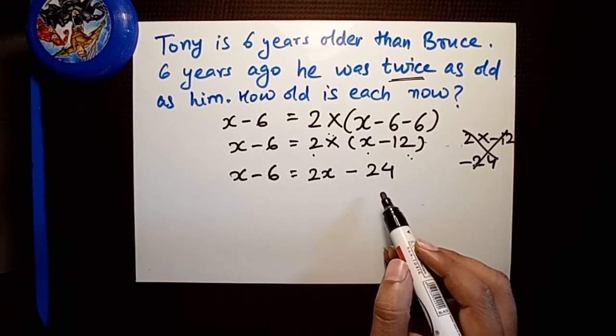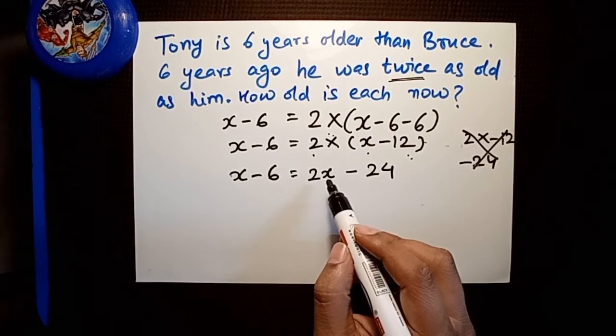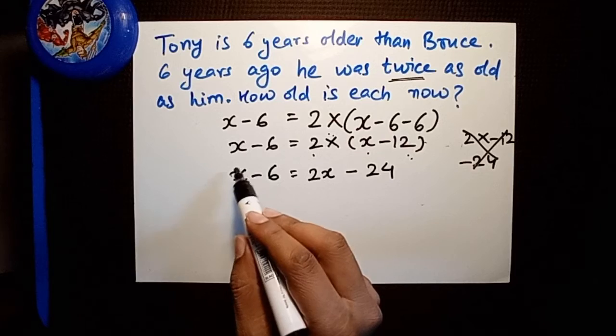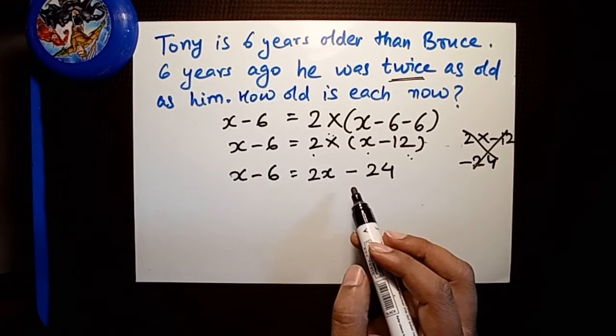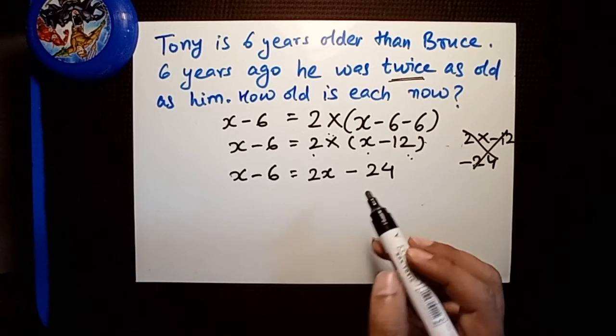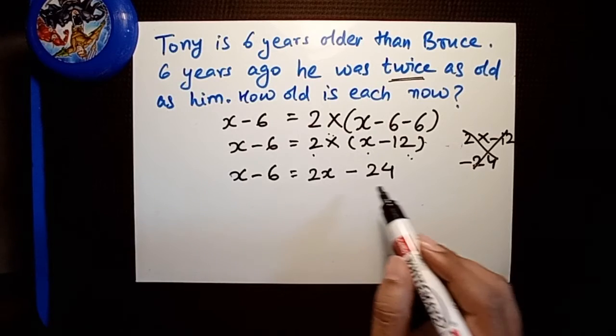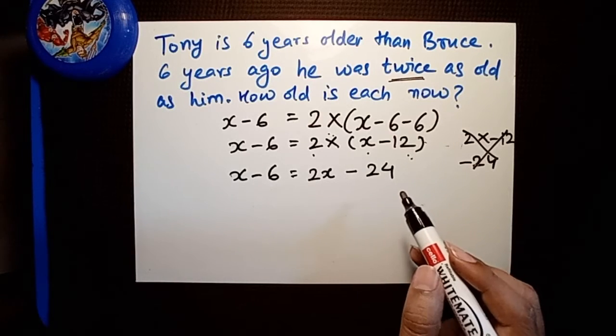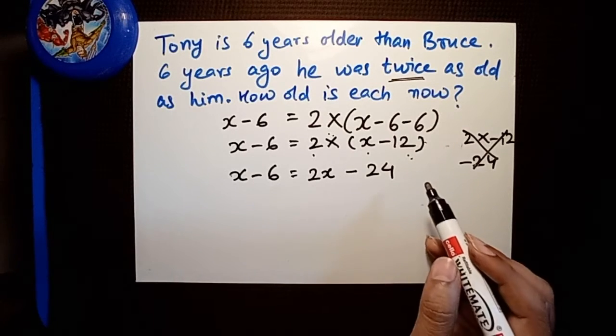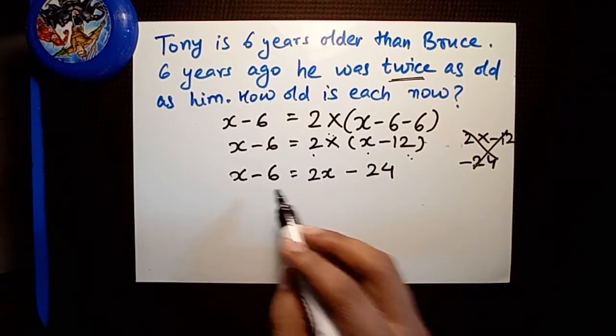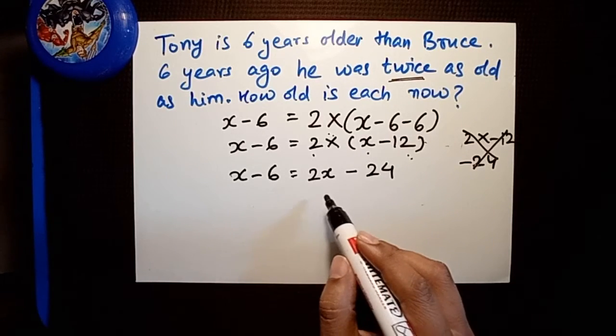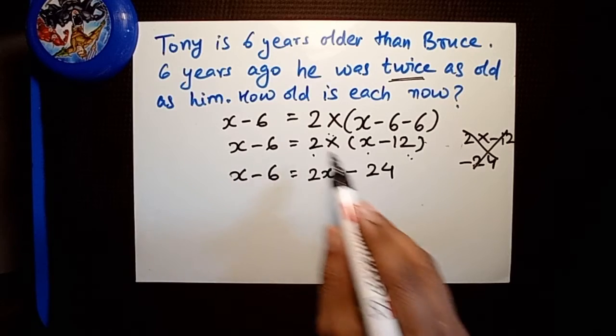Now to solve this equation in a single variable, x, generally what we do is we take all x on one side and all non-x on the other side. So what can be the option? I can bring this x here.